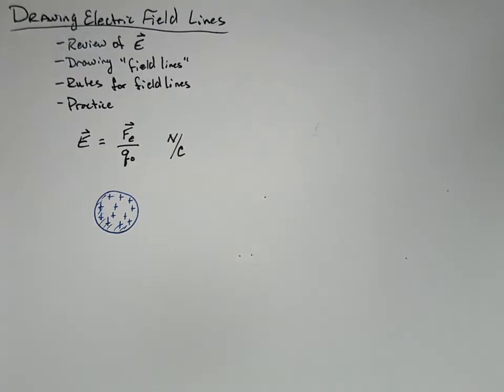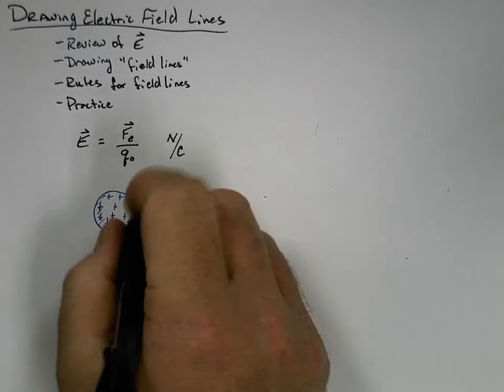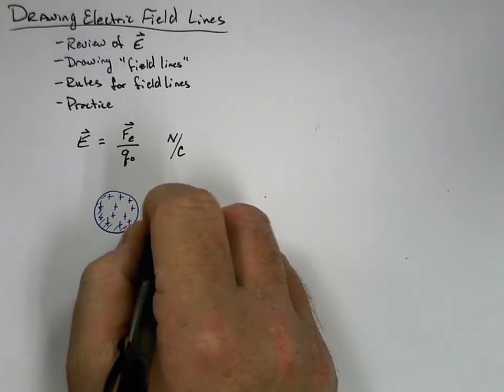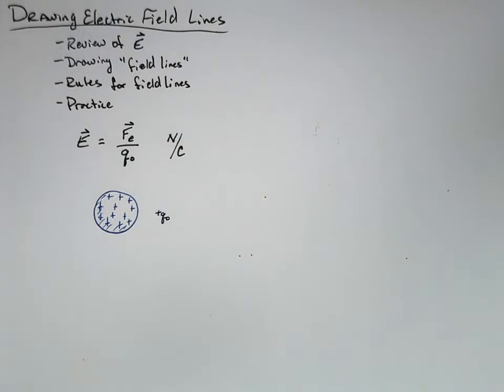Close to the sphere, we bring a test charge. We'll put it right here. Okay, we'll call our test charge Q naught.